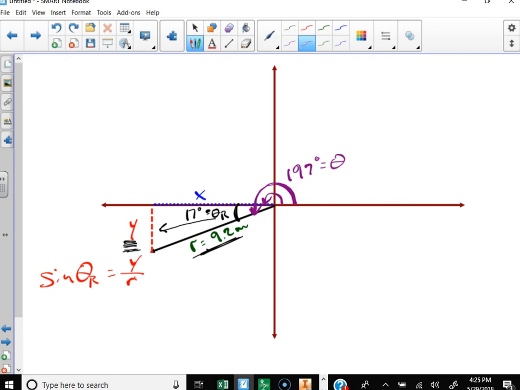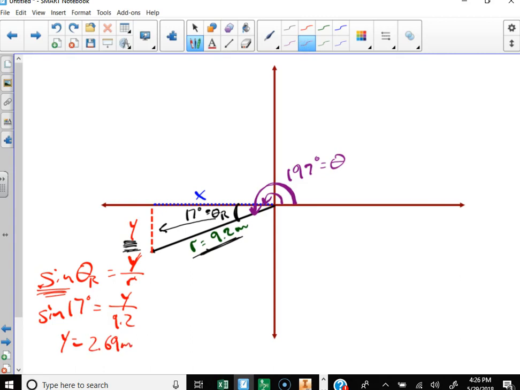But what I want to point out is that most of the time, when we're working in physics, I want you to start associating sine with y. Say sine, think y. So in this case, that would be the sine of 17 degrees equals y over 9.2. And I solve that by multiplying both sides by 9.2. And I get, let's see, sine of 17 times 9.2, and I get 2.69 meters.